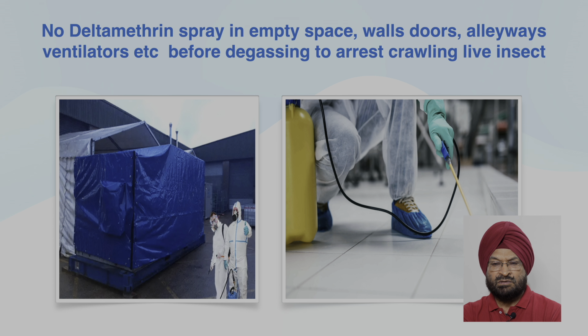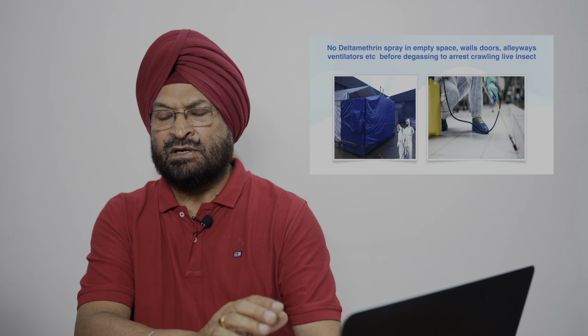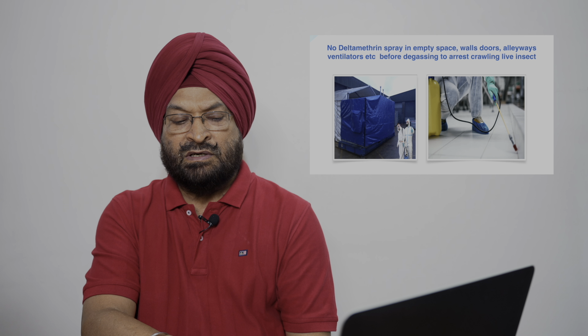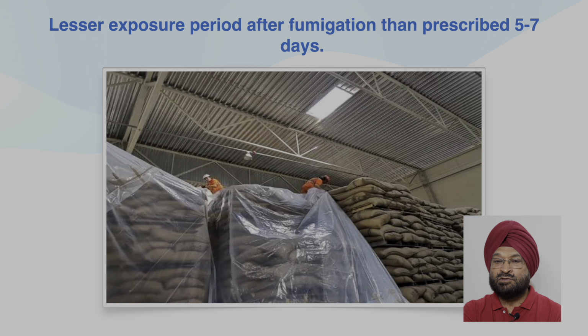So if you do not spray the cover along with the walls, alleyways, gullies, windows, doors, platform, so this cover is also to be fully sprayed so that the clinging insects, crawling insects are killed and should not go for the cross infestation. Other part of the slide is showing that the spray should be done properly, including the crevices and all the floor, etc.